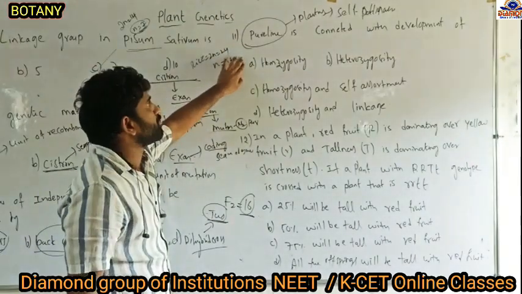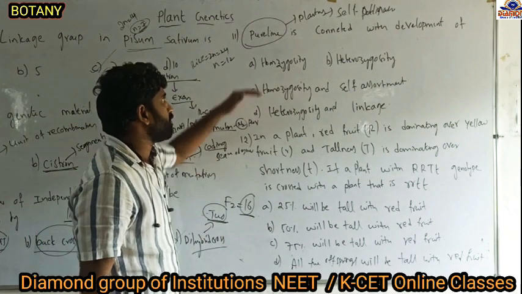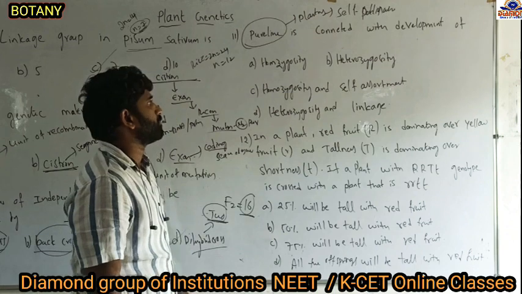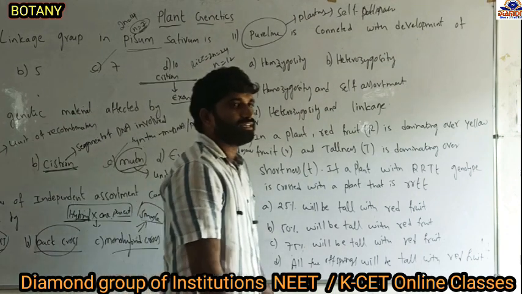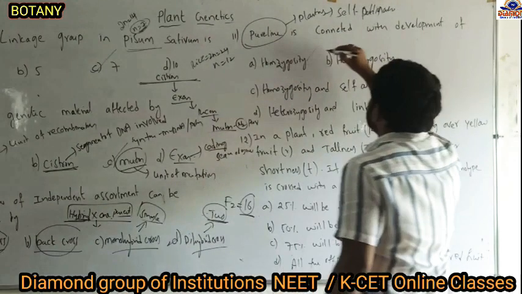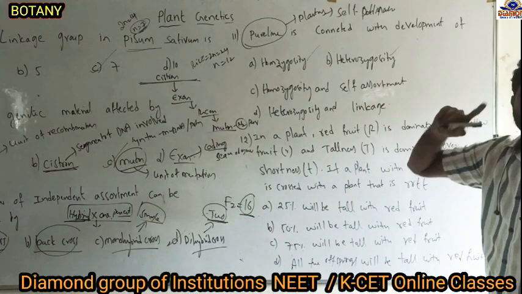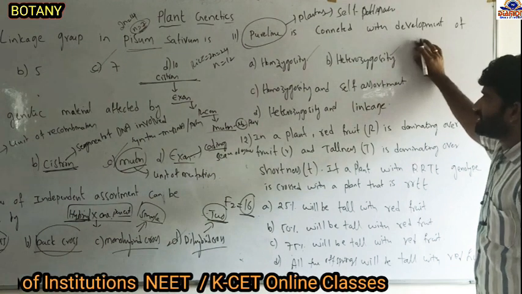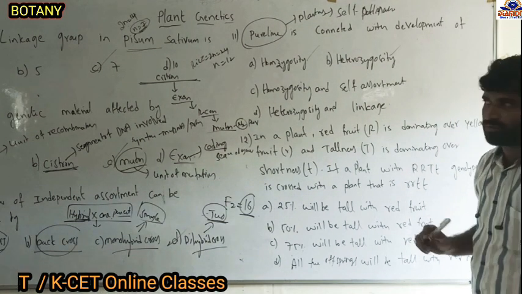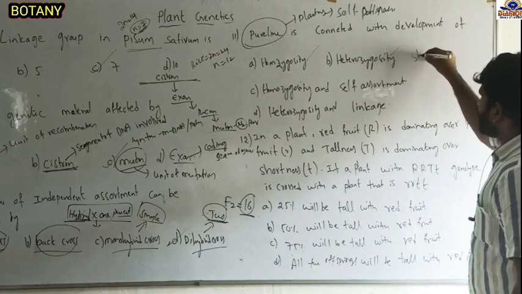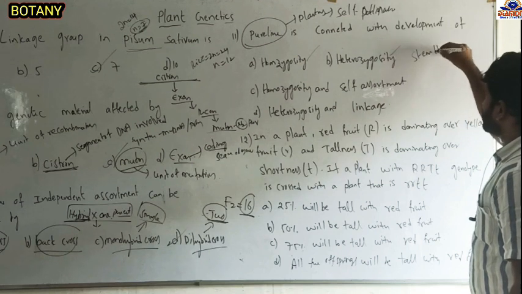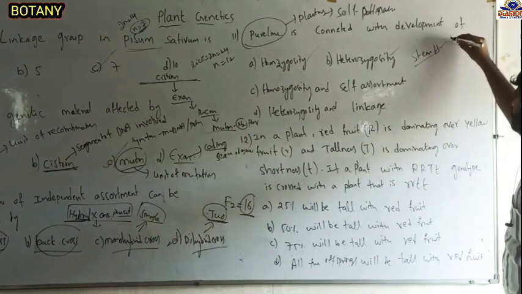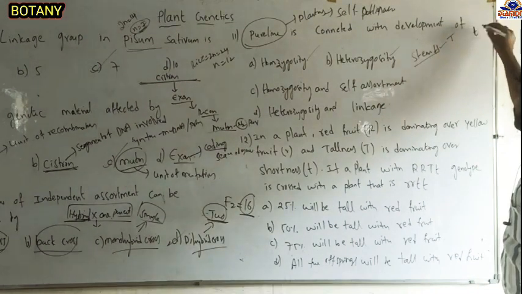Here, pure line is connected with the development of homozygosity, heterozygosity, homozygosity and self-assortment, heterozygosity and linkage. You want to know homozygous and heterozygous. In a contrasting character, a pair of alleles will be present. Take the height of the plant stem, which is a contrasting character with two alleles: one is tall and the other is dwarf.